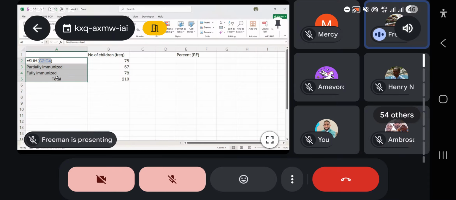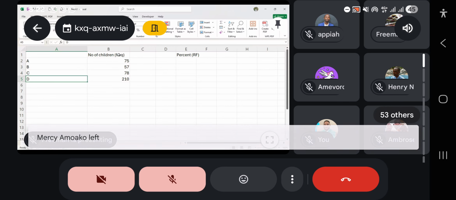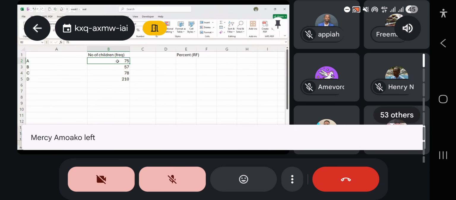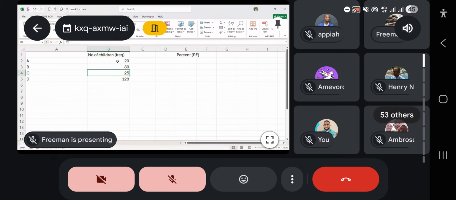Maybe this is A, this is B, this is C. Or let me even add the fifth one, E. You have this data set.